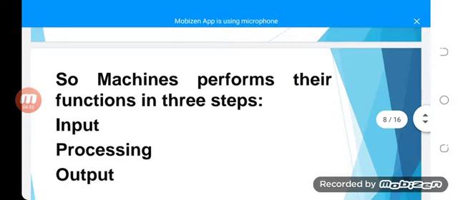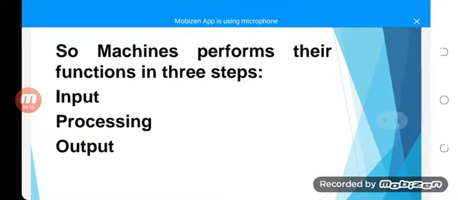So machines perform their functions in 3 steps. As is clear from the example, we need some input, then processing, and then after processing we get our desired output.